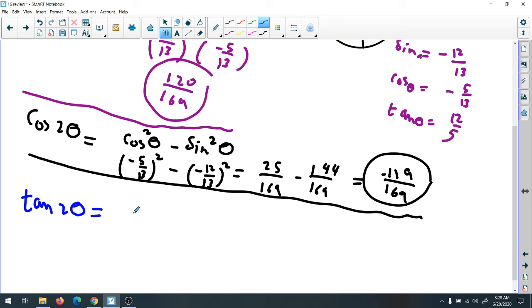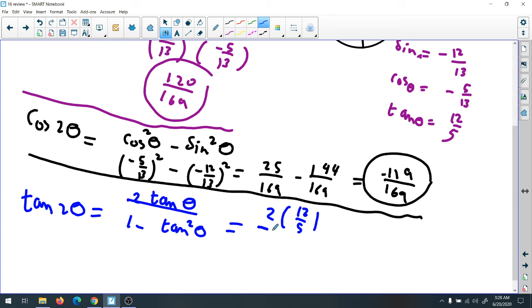The formula for that is 2 tangent theta over 1 minus tangent squared theta. We know that tangent theta is 12 over 5, so it will be 2 times 12 over 5 divided by 1 minus 12 over 5 squared.